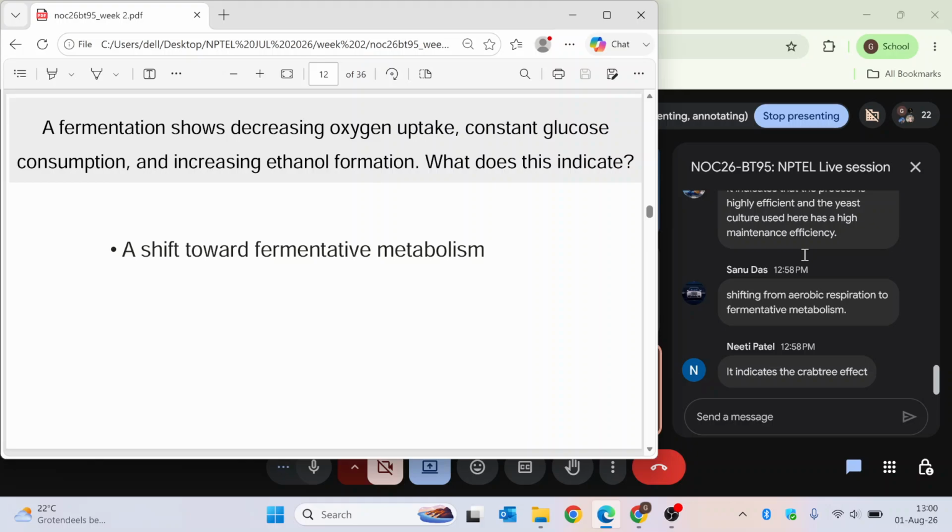On the other hand, there might be oxygen limitation in the system. When there is oxygen limitation, the oxygen uptake also decreases, but glucose is constantly consumed because the metabolism shifts towards fermentation, not aerobic respiration. Aerobic respiration, though energetically very rewarding, is limited by oxygen, so there can be a shift. So that's the right answer.